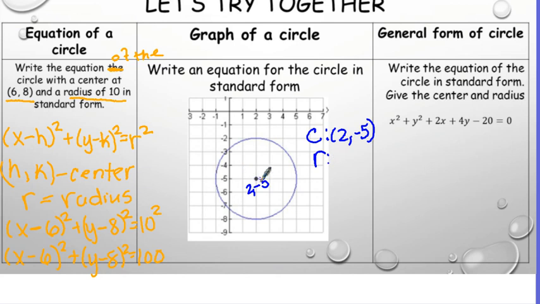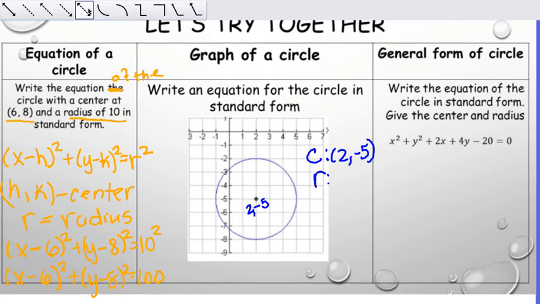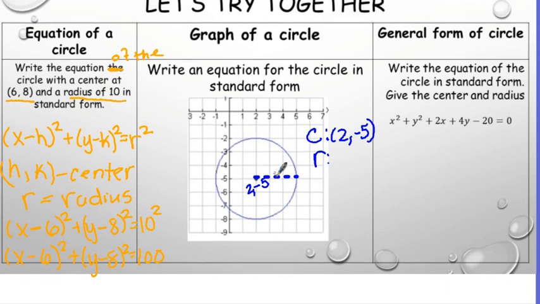The radius is how far the center is from the circumference. So I'm going to draw a little dotted line here. And you can count your boxes. So from your center it's 1, 2, 3. So it's 3 units long. So that's your radius.